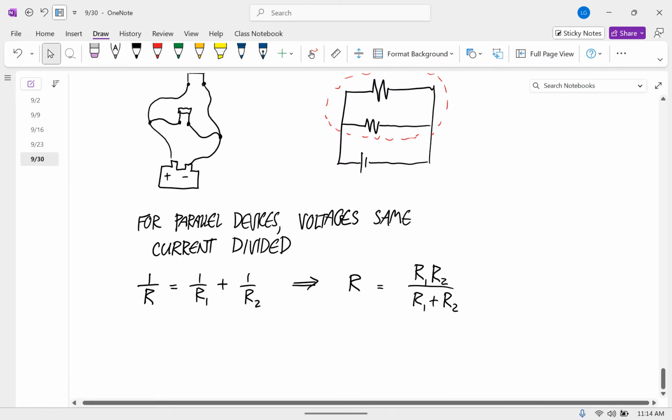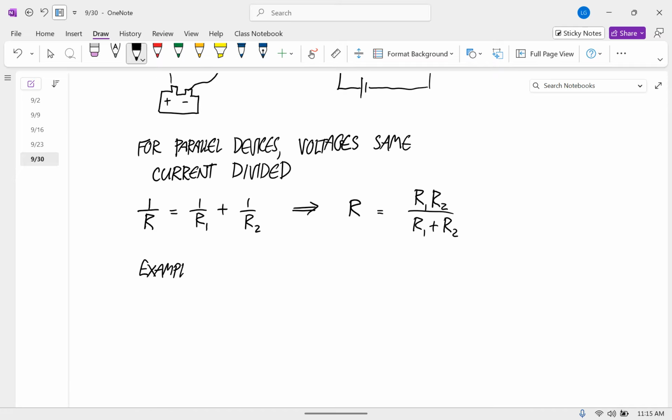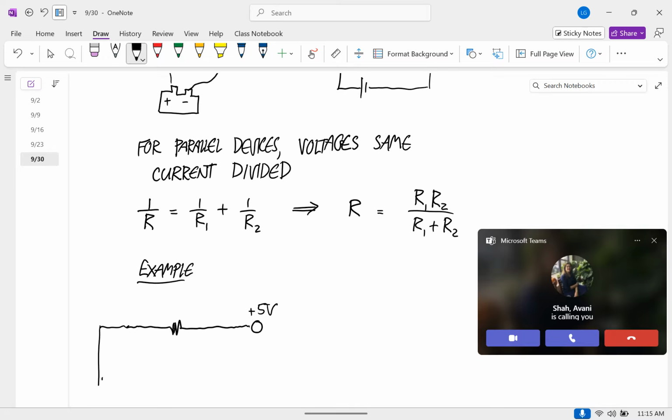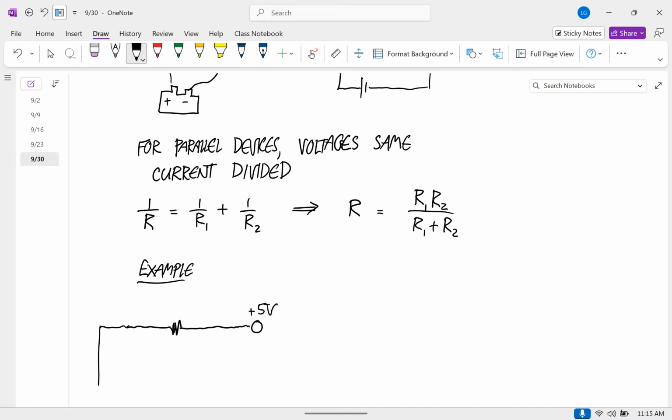Okay, so last thing, let me do an example with a parallel resistor. Let's say that we have a voltage source over here of plus 5, and there's a ground.